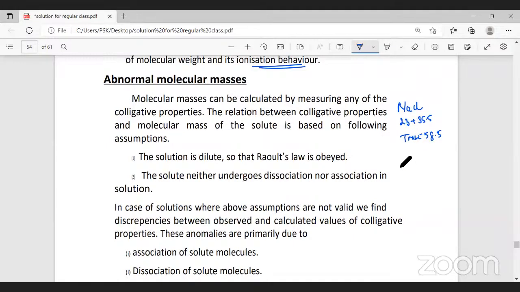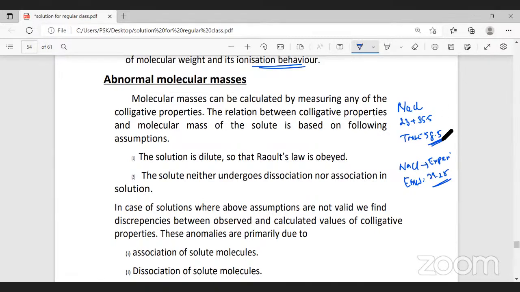Now, if we take the same sodium chloride and determine the molecular mass experimentally, the experimental molecular mass of sodium chloride will be 29.25. Why this is 29.25, we will learn.